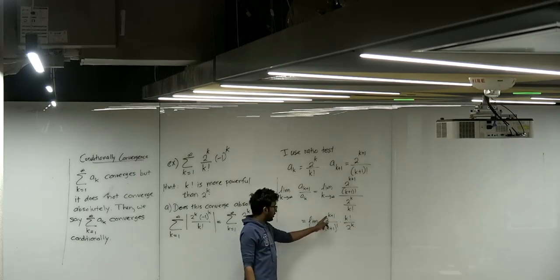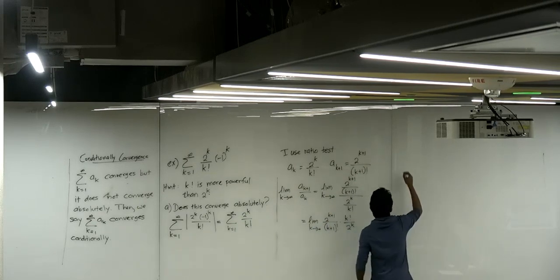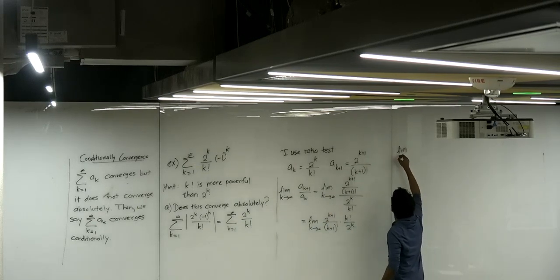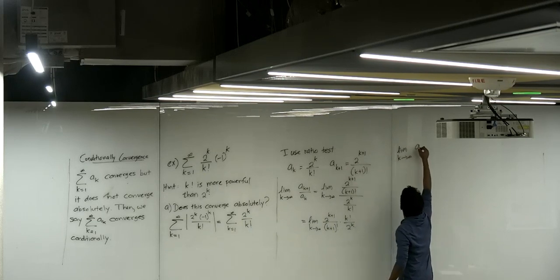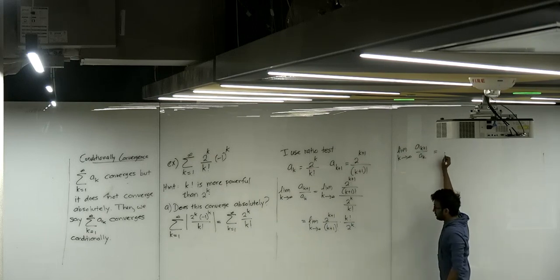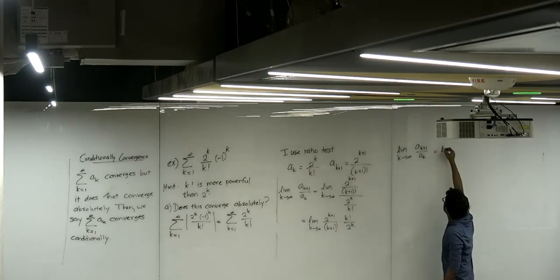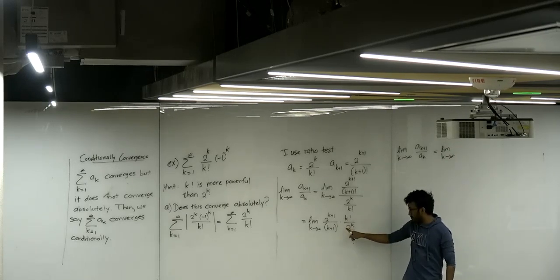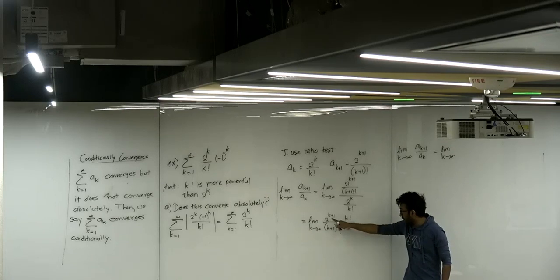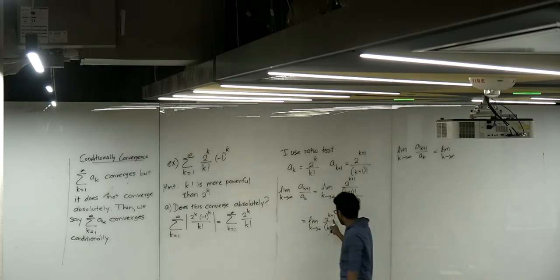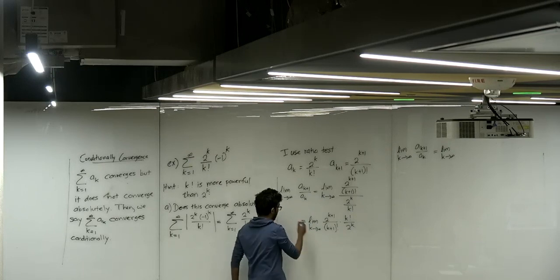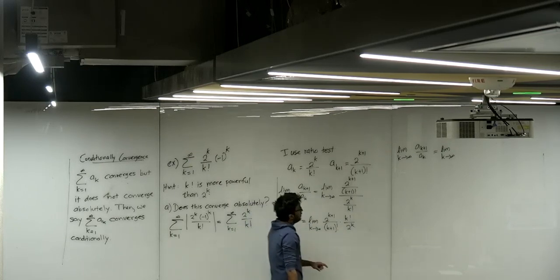If you divide 2 to the power k plus 1 by 2 to the power k, that would give you 2, right?